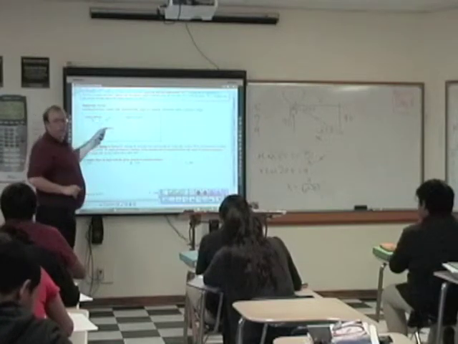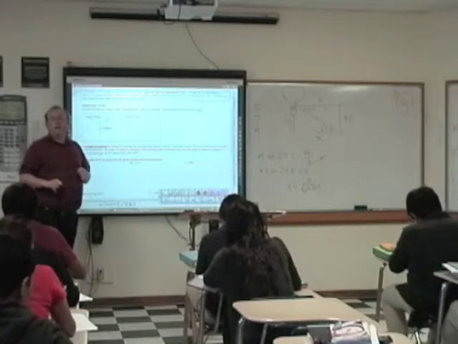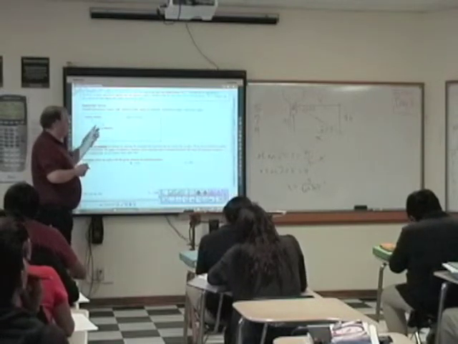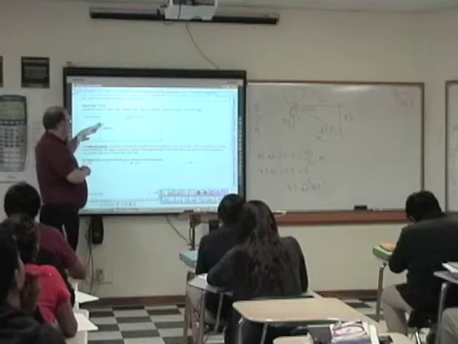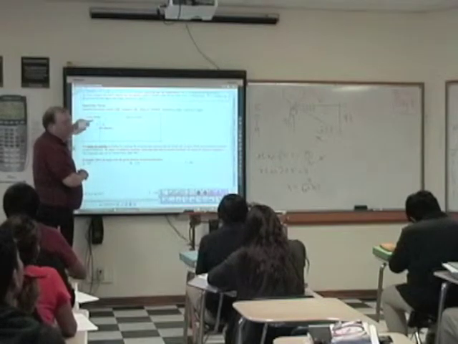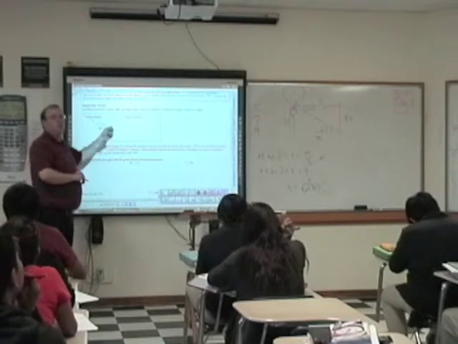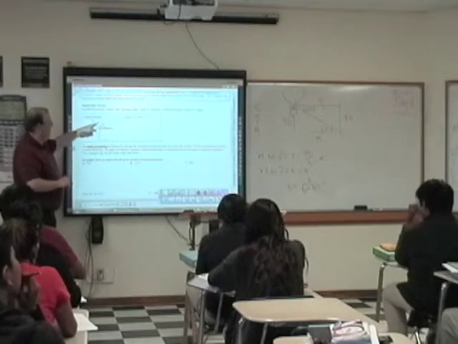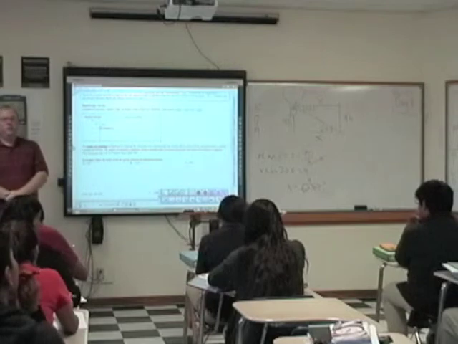Standard position: you have the initial side along the positive x-axis. The vertex, or the part where it bends, is right at the origin. And then the terminal side is going to be somewhere around the axis. And then that gives us the angle of rotation, which is 135 degrees here.